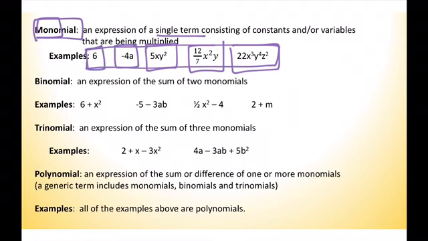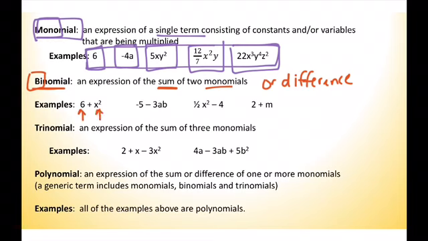Okay, the next one is a binomial. Bi means two, like a bicycle has 2 wheels. A binomial is a sum, and that could also mean a difference, because instead of subtracting, you can add the negative. So it's a sum or difference of 2 monomials. For example, 6, that's a monomial. X squared, that's a monomial.